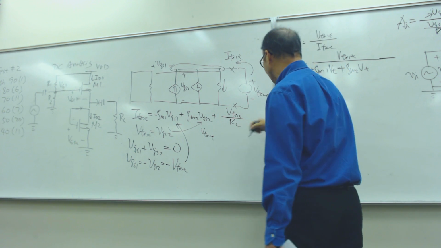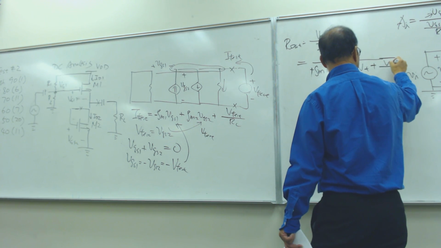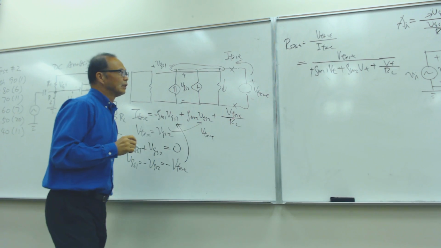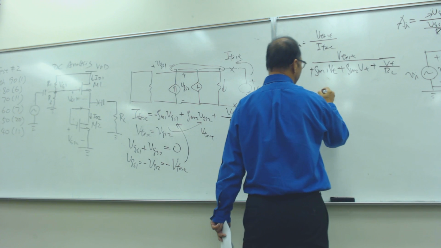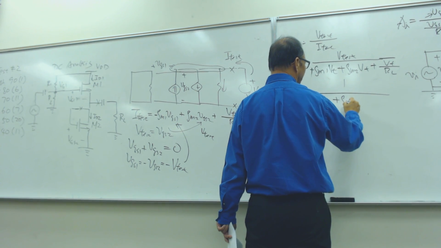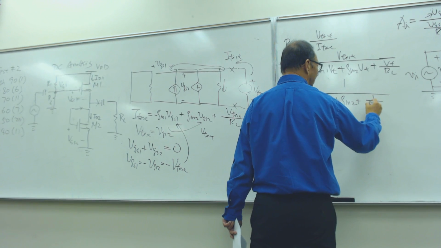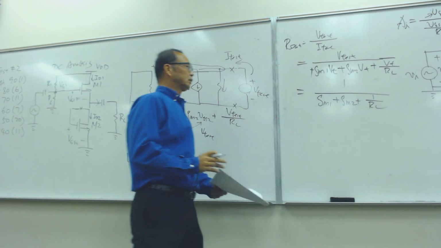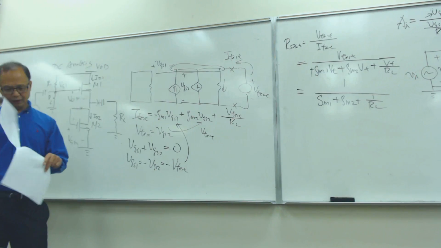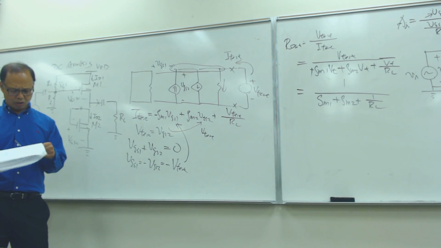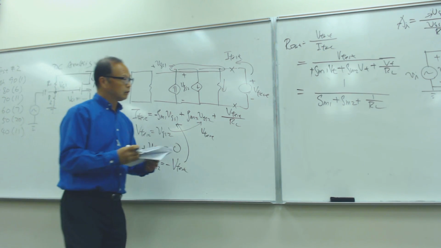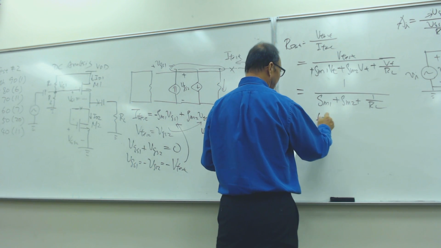And then the last one plus V test over R sub L, right? So V test cancels. 1 over GM1 plus GM2 plus 1 over R sub L. So that is the answer. Do you want to know the number? The number is 600.